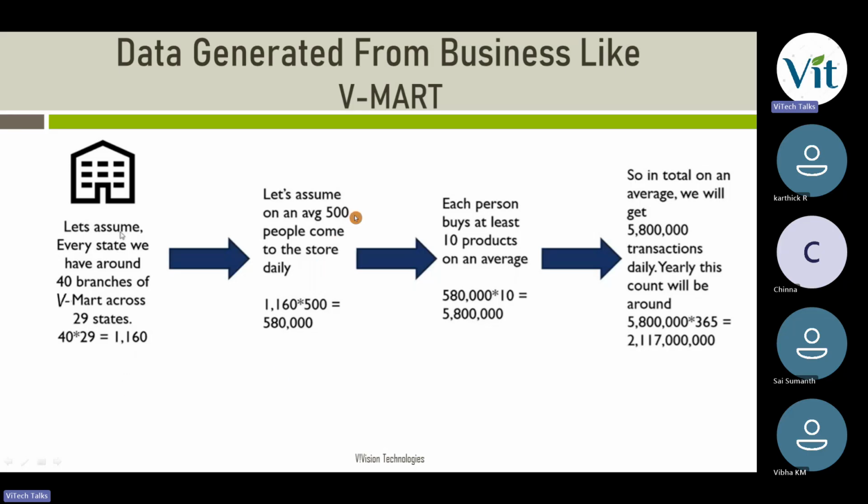Let's assume on an average 500 people come into your store daily. Then how many people are there? It's around 5 lakh 80,000. Then each person buys at least 10 products, so it would be, sorry, 58 lakhs.